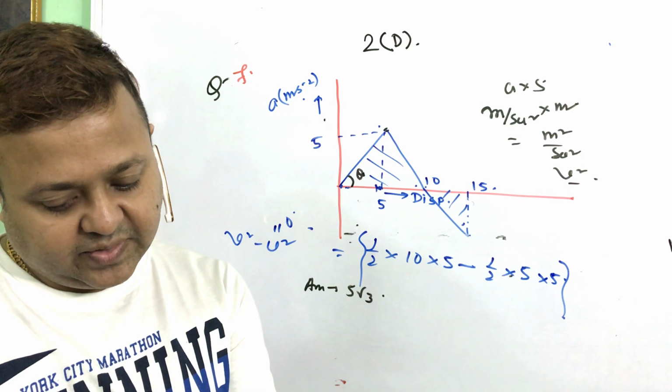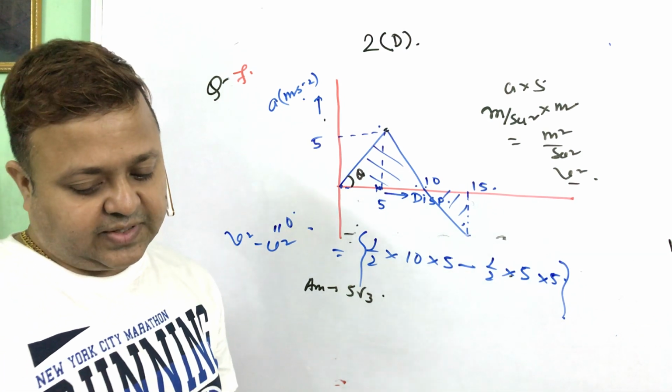Next, number 8. A particle is moving on a straight line whose acceleration versus time curve is shown in the figure.